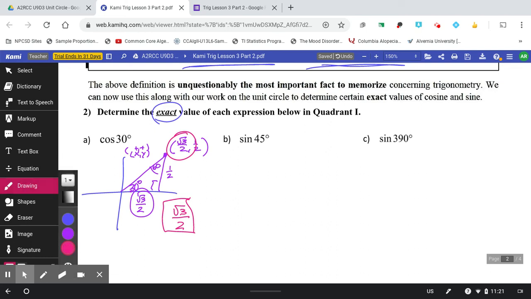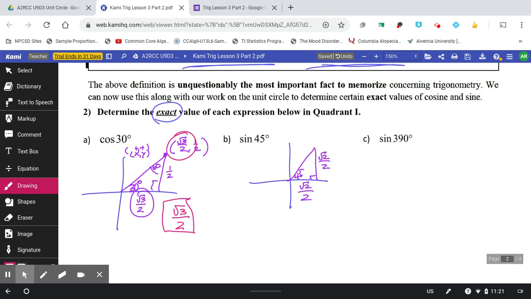Let's go on to the next one: the sine of 45 degrees. Whenever we're asked for an exact value, we're always going to draw our reference triangle. So 45 degrees is here, which means this is a 45, 45, 90 triangle, which, if you remember from last week, I told you is something you have to memorize. It's going to be the square root of 2 over 2 on both sides.